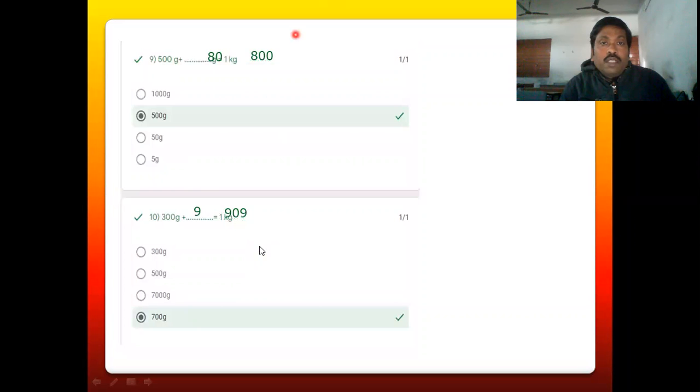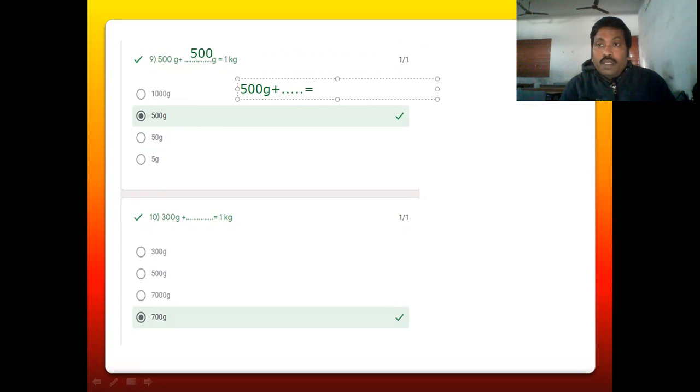Question number 9. 500 gram plus blank gram is equal to 1 kg. When we add 500 gram to 500 gram, it makes 1000 grams, and 1000 gram is equal to 1 kg. Another method to solve this question: 500 gram plus blank is 1 kg.